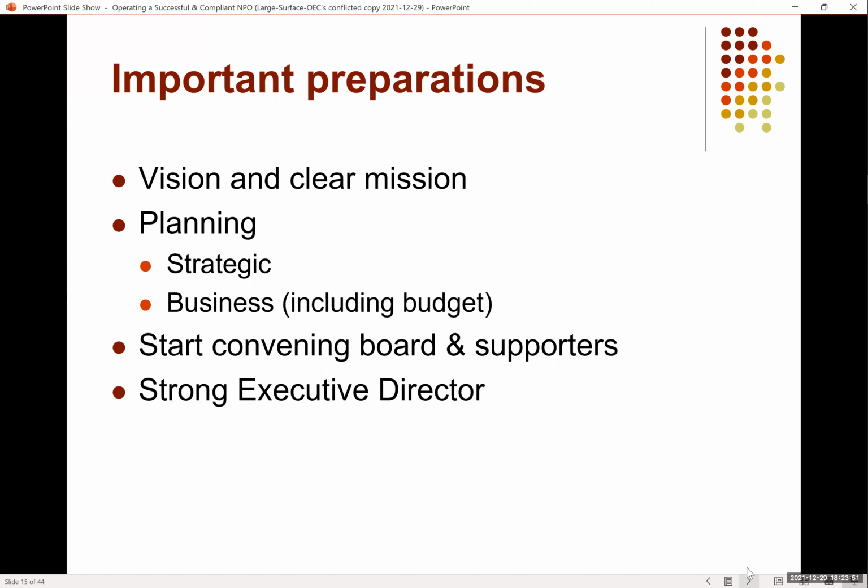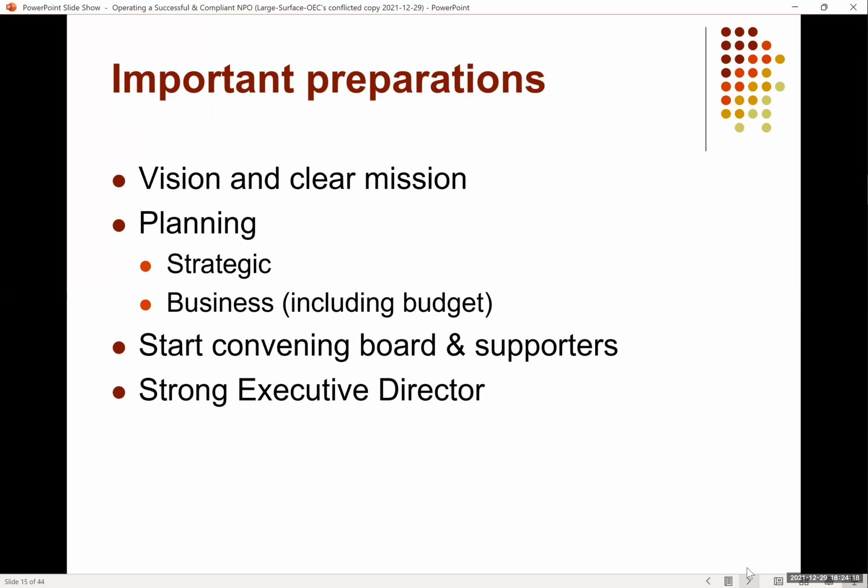The thing that you tell your state and that you tell the IRS is what you're going to be doing. That is the only activity for you that is going to be considered tax exempt and under your incorporation. That's why it's really important, because everything you do is supposed to be driven from that mission.